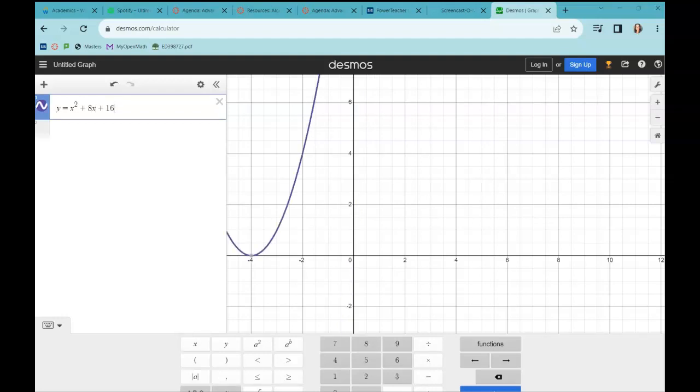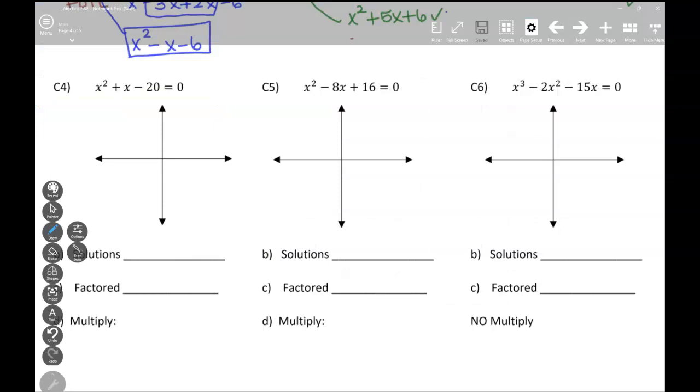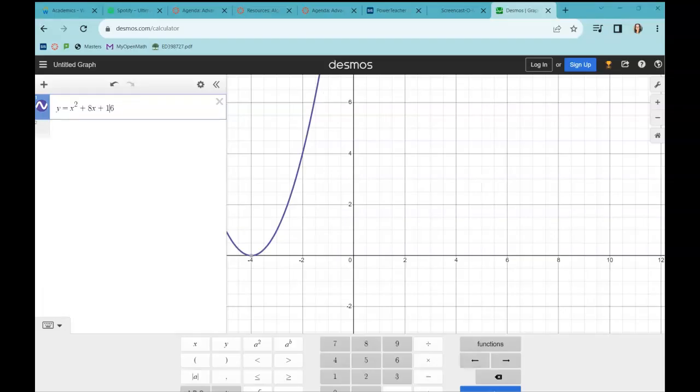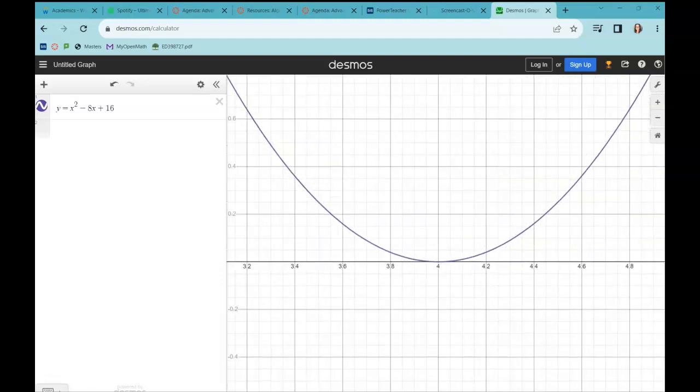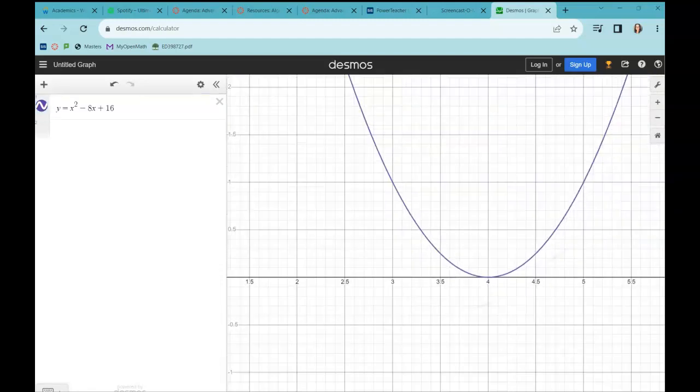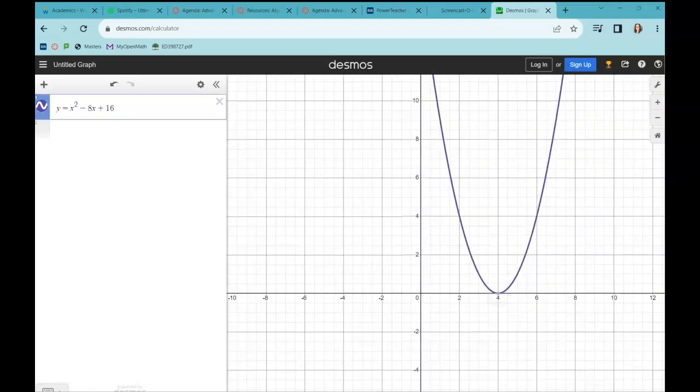Let's go double check that. Oh, it's minus 8x. I need to fix that. All right, no matter how far I zoom in, it only crosses at one place, and that is at 4, 0. So it's actually touching the x-axis and then going right back up.